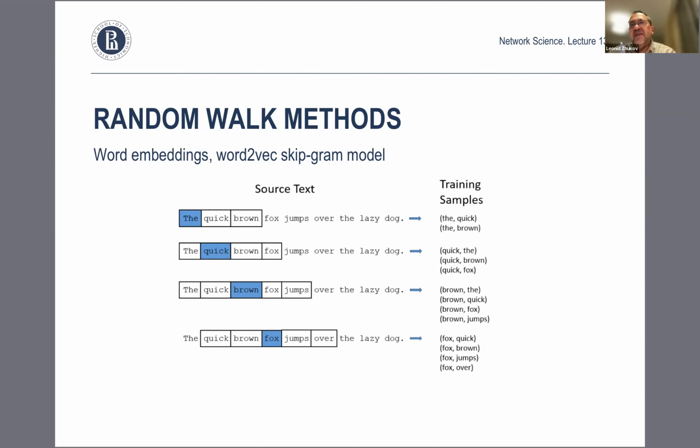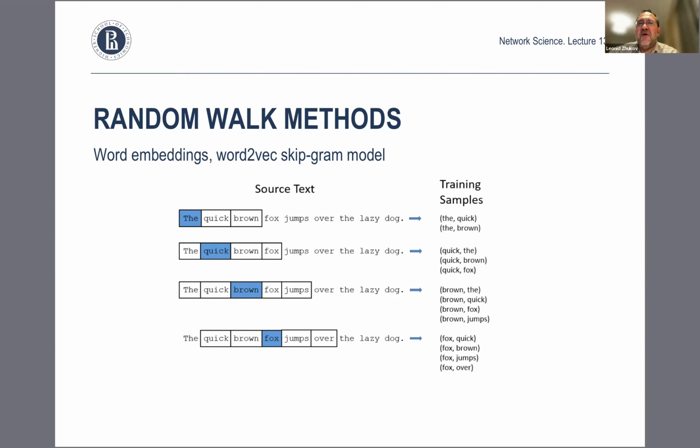Now, having said that, we can switch to the methods based on random walk. Before we talk about those methods, I want to spend a few minutes discussing where they came from, and that will help us understand how they work.